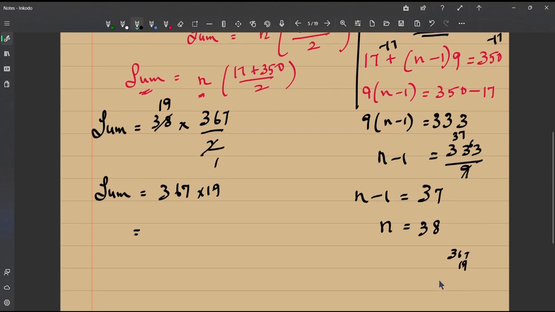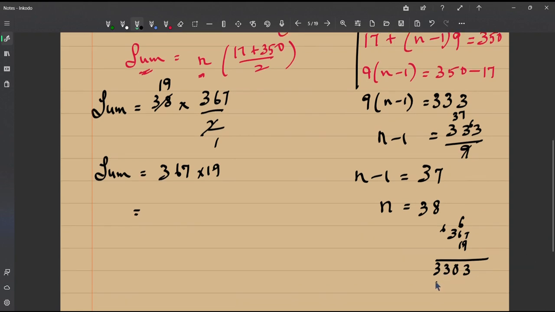367 multiplied by 19 is nothing but 9 7s are 63, 3 6s are 18, plus 6, and so on, and 367 ones is 367. So we get 6,973. I hope you can check it once by multiplying.